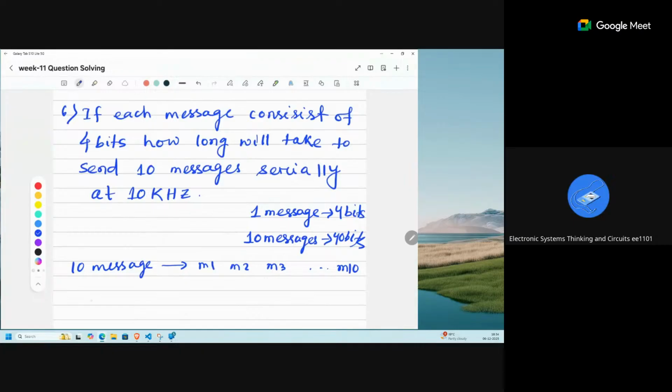So how long will it take if 10 kilohertz is the frequency? Four millisecond. Is it correct? Can anyone else try?